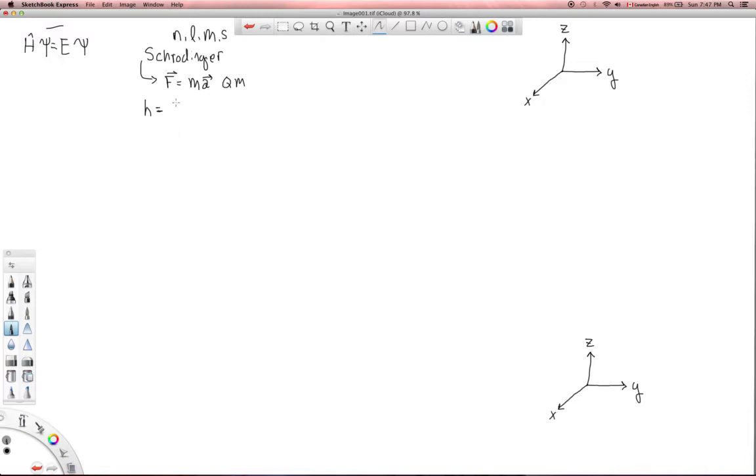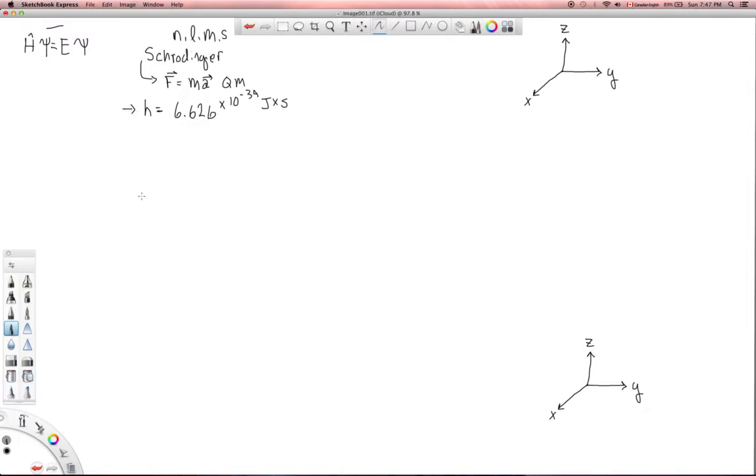Just to refresh, you guys should be familiar with this, I presume, that value is approximately 6.626 times 10 to the negative 34 joule seconds. This is the fundamental unit of energy.